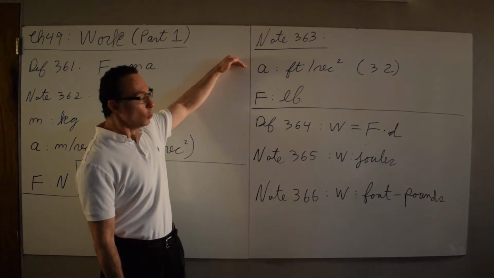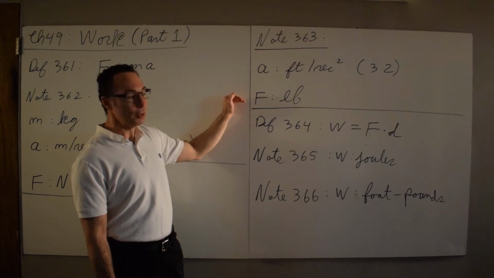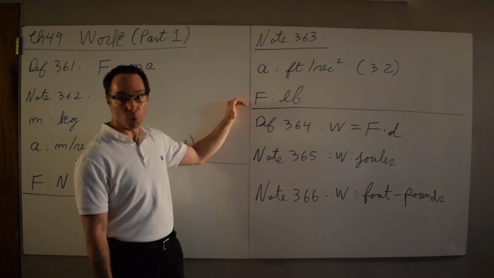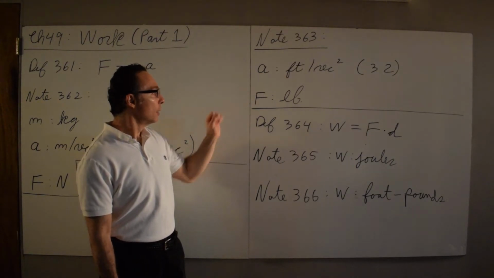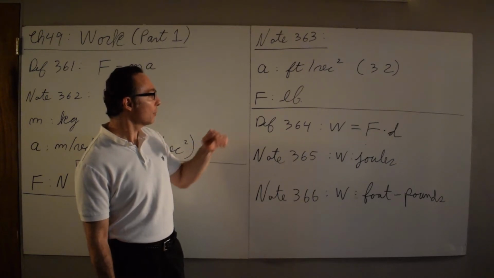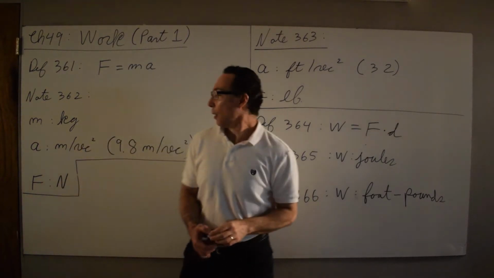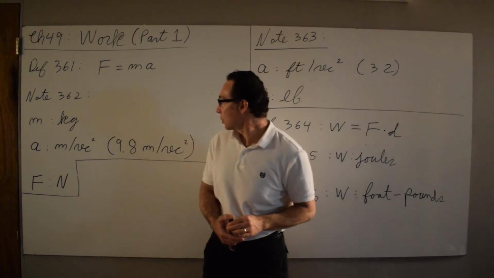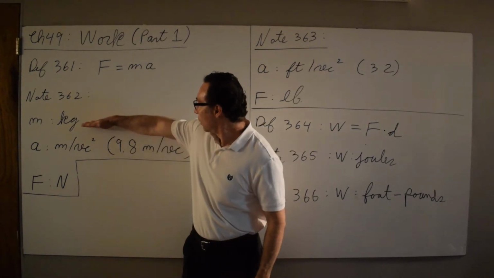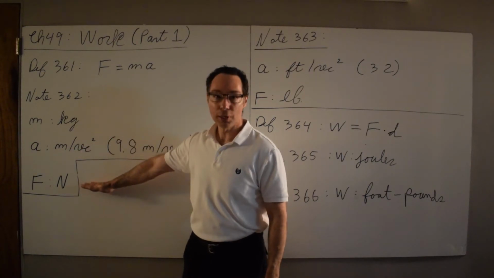We do not usually bother with this because in the U.S. customary system, force is measured in pounds. And so most of the problems we look at, when we talk about the U.S. customary system, we're given our force in pounds. When the problem is dealing with the metric system, usually we're given the mass and we'll have to multiply by the acceleration to get the force.